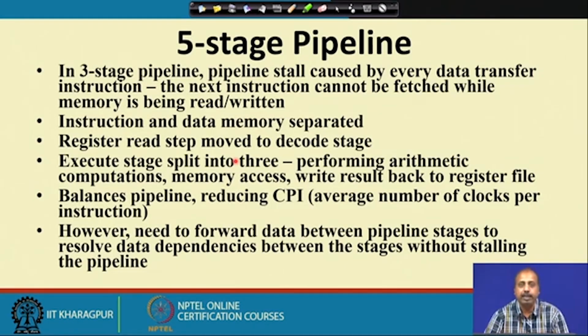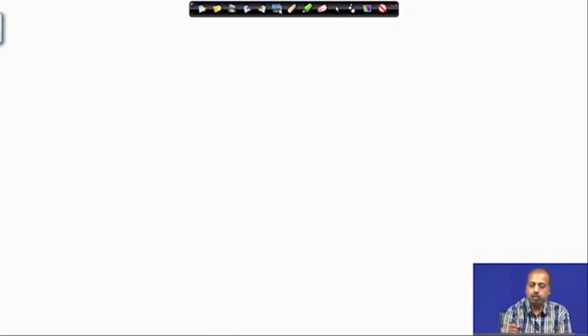So, with 3 stage pipelining, the difficulty that we have is that every data transfer instruction will cause a pipeline stall. So, pipeline stall is something like this, that I have got this pipelining. If the resource is busy, like say fetch, decode and execute. So, these 3 stages are there.